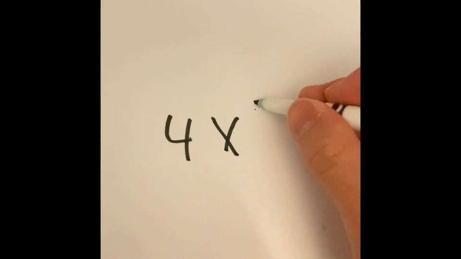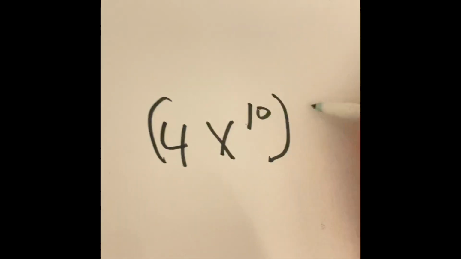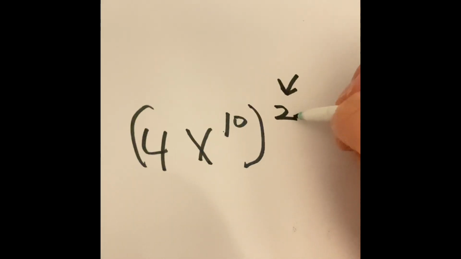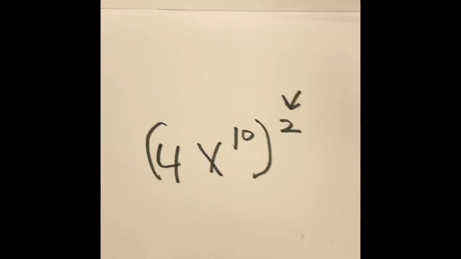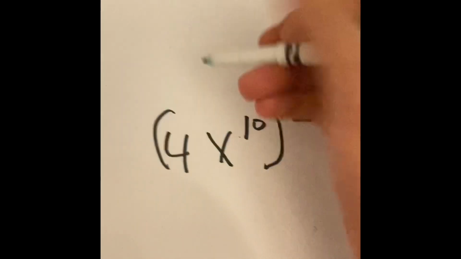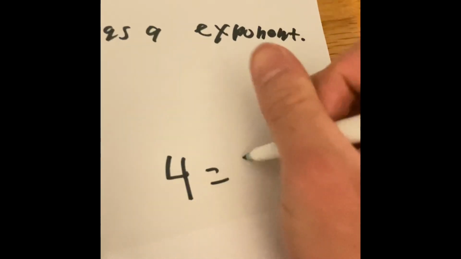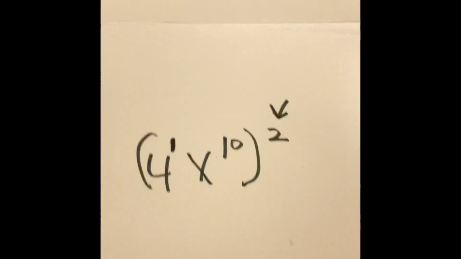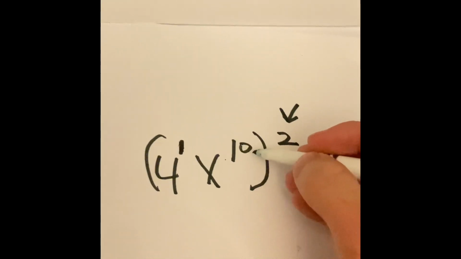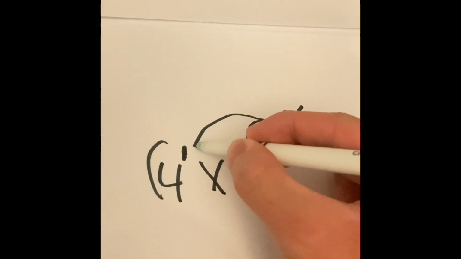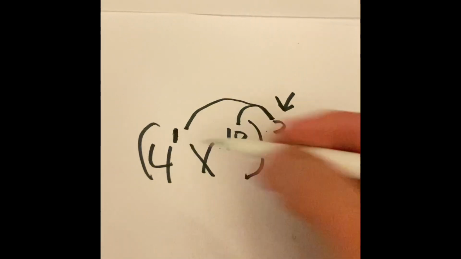Here's another example. Imagine you have 4x to the 10th power, but it's in parentheses, and we have a squared, the second power. So that 4 needs to do something. We are going to put it as 4 to the first power, because 4 is the same thing as 4 to the first power. Now we can use the power rule and multiply the exponents by 2, just the exponents, not the numbers.